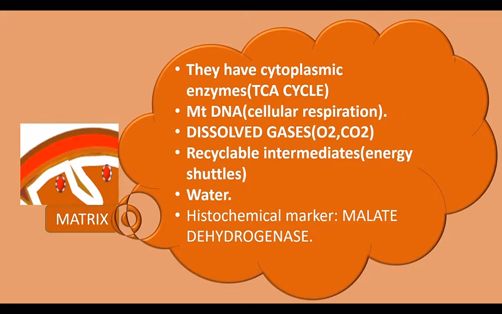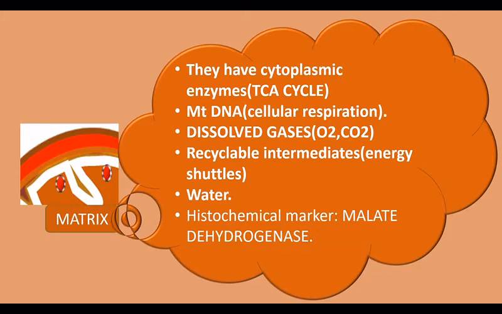Here they have dissolved gases, for example oxygen and carbon dioxide, because the mitochondria absorbs oxygen and nutrients to give energy and carbon dioxide as a byproduct. So the dissolved gases are present and recyclable intermediates are present. For example, it is used in energy shuttles and water, and it also has a histochemical marker, the malate dehydrogenase. So the inner cytoplasmic matrix in turn helps in the TCA cycle.